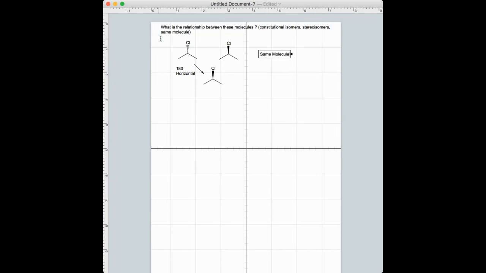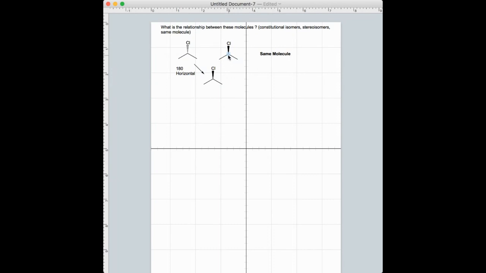Now, another thing that I want to do with this: these two are the same. My other question is, because it's just one molecule, is it chiral or achiral? One thing you can do to begin with is to look for chiral centers. How many chiral centers do we have in this molecule? This carbon has 3 hydrogens, not a chiral center. 3 hydrogens, not a chiral center.